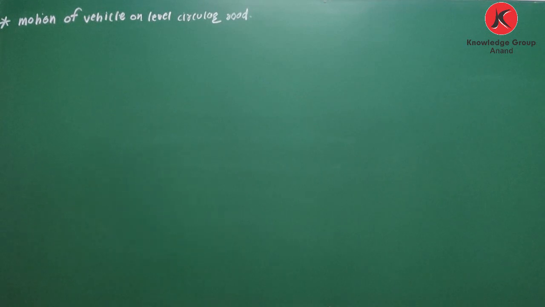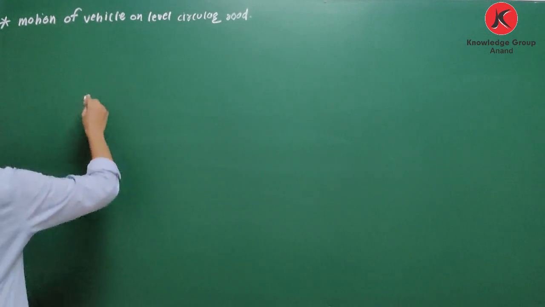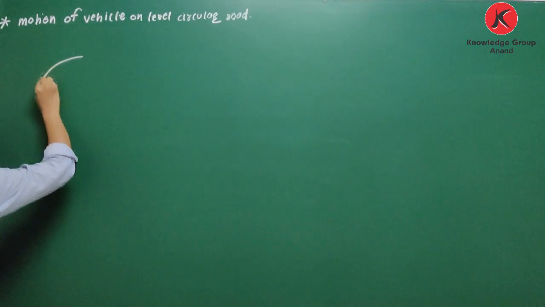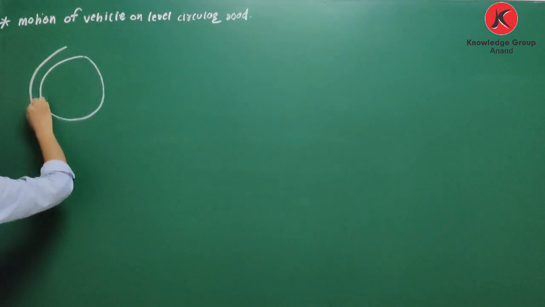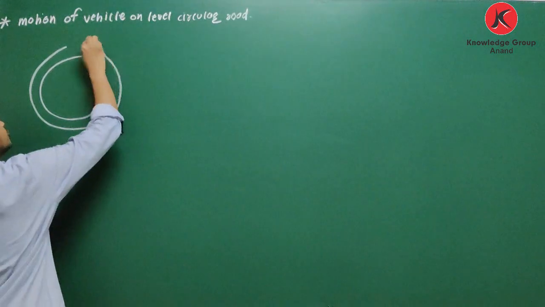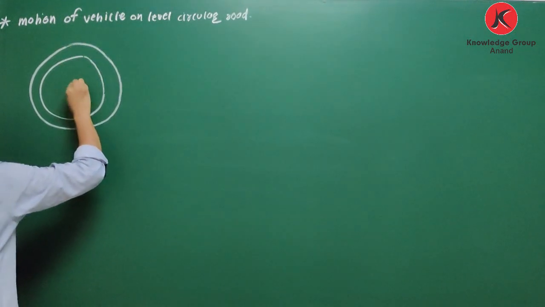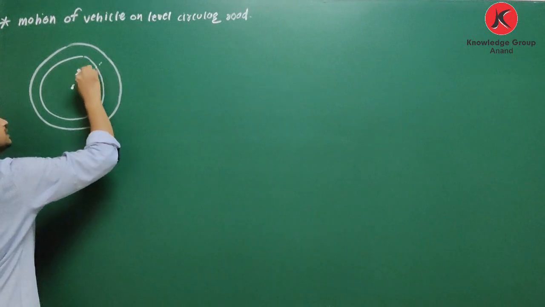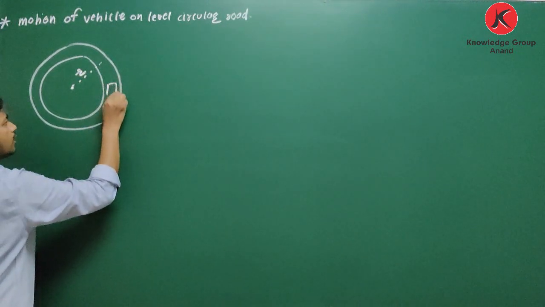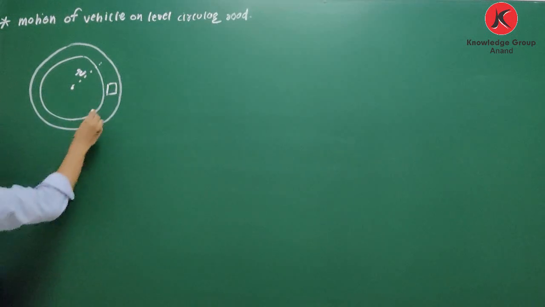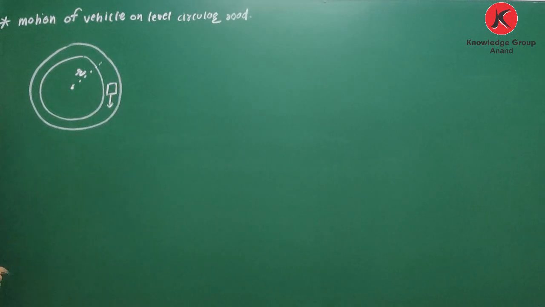Now we will see the first case, that is motion of a vehicle on a level circular road. See, for example, it is a circular path having its average radius r, and one vehicle is moving on this circular path.